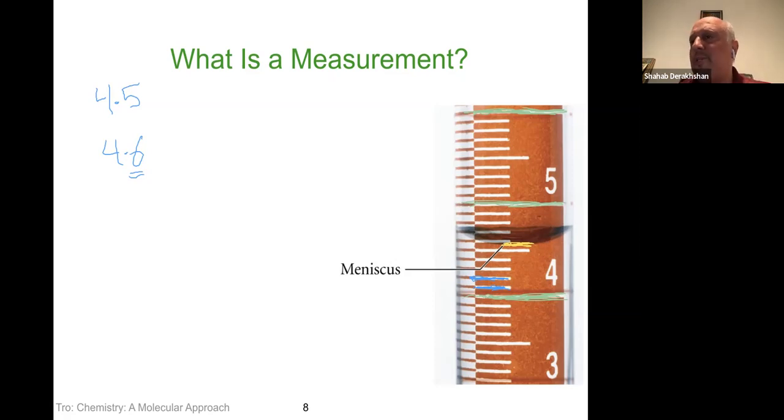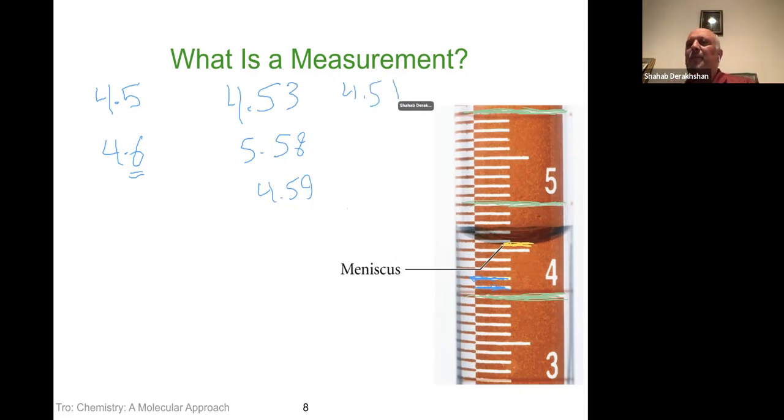So for example, what I know here is that my number is somewhere between 4.5 and 4.6. I'm allowed to say 4.53, 4.58, 4.59, 4.51, anything. I'm allowed to do it.